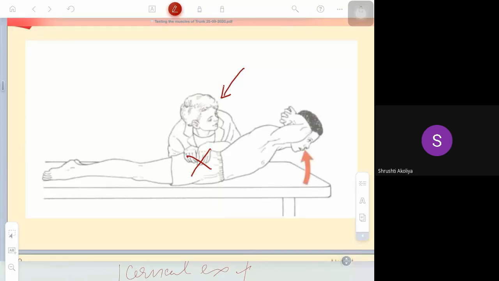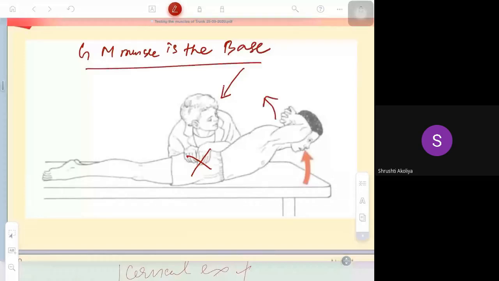Clear? Because you know the gluteus maximus muscle is the base for the spine extension. Hip extensor muscle is the base. So hip extensor muscle should be strong when you are checking the spine extensors.